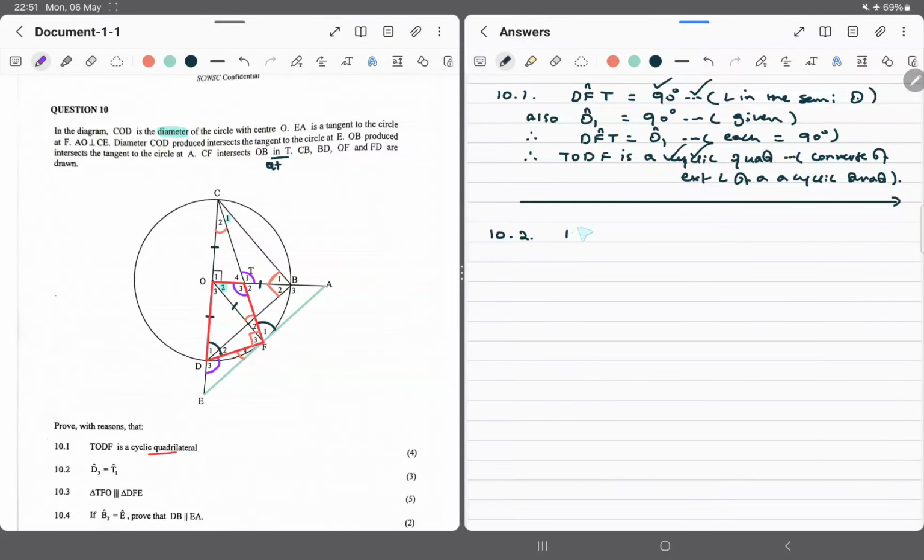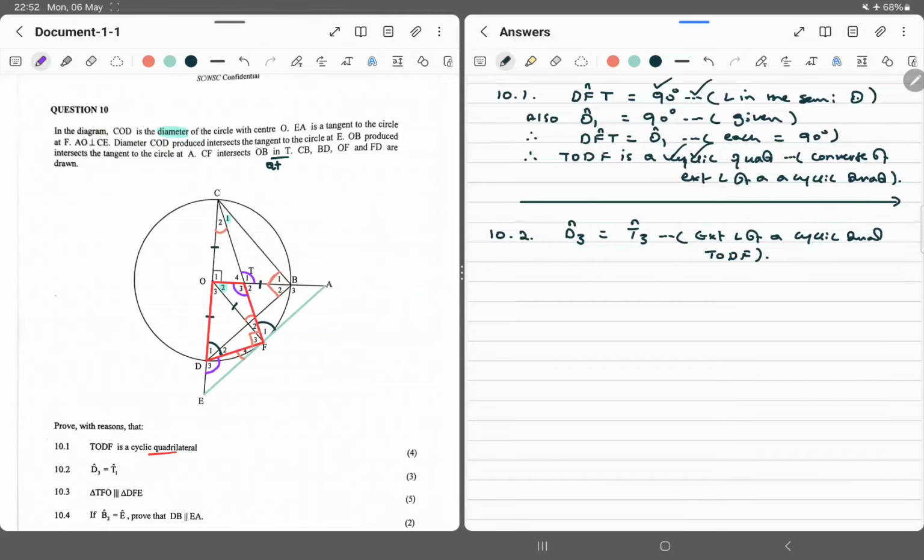Okay, so let's start with D3. D3 is equal to T3. This is the exterior angle of cyclic quad TODF.